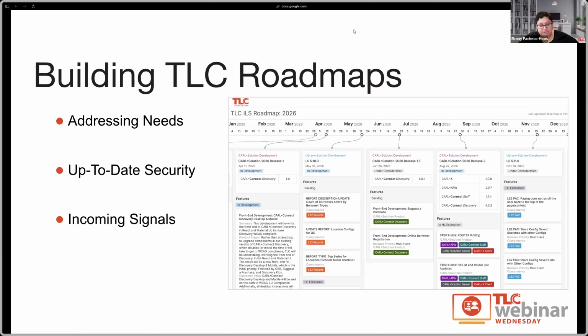So part of our job is to take those signals and review them and see where they can be translated into roadmap items, things that we take and build out and plan for overall. So we're looking at those industry trends within the library community.